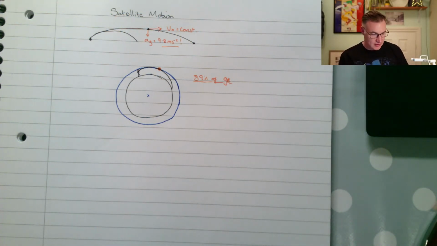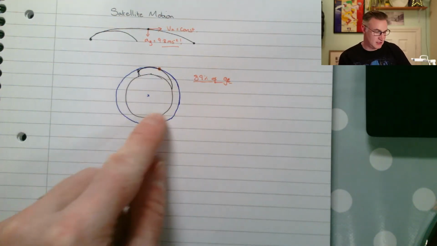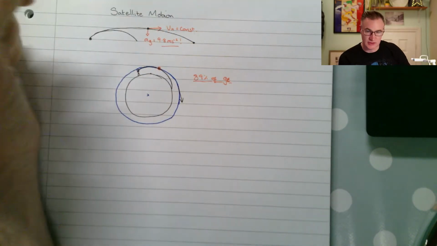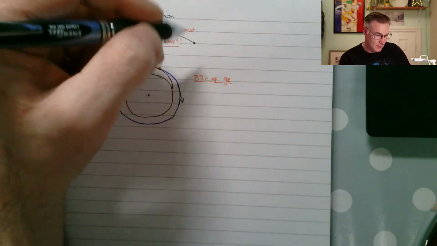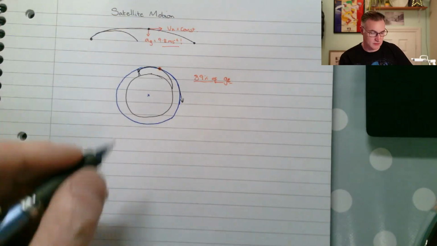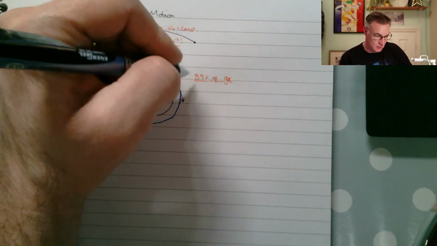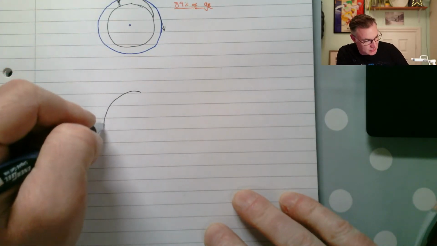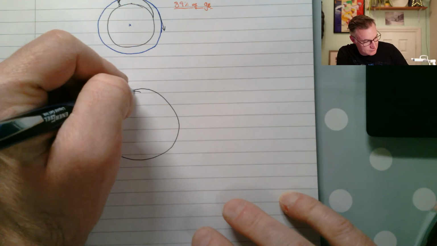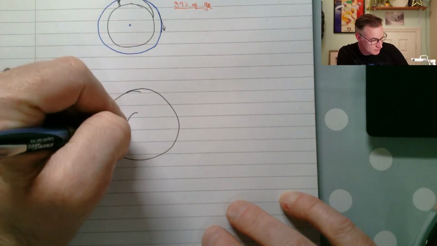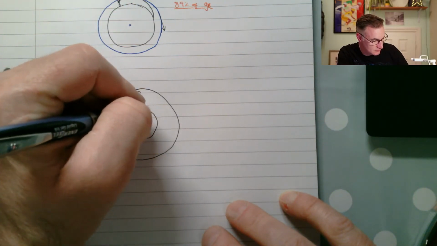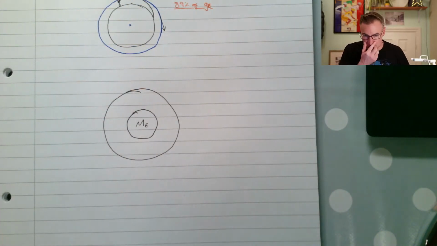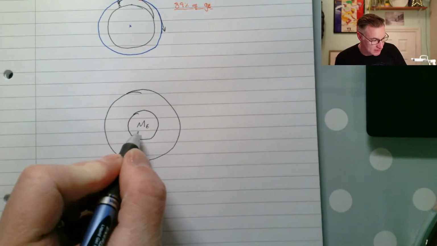So, as it's moving in this circular path, we're having a constant horizontal velocity, and really what we would know this as, I guess, I'm just going to do it. So, M_E, mass of the Earth.